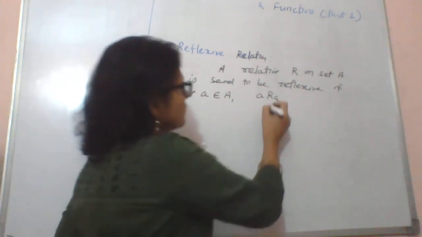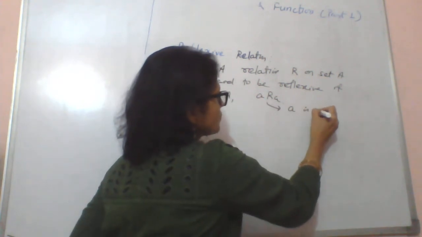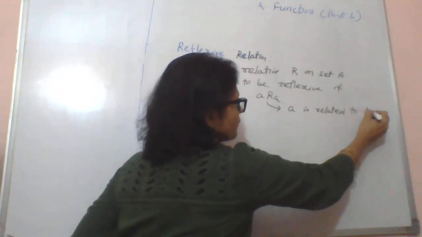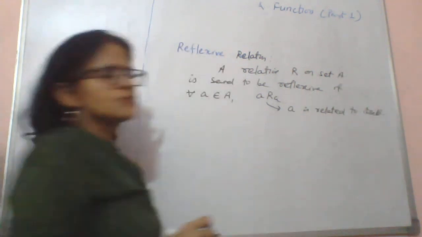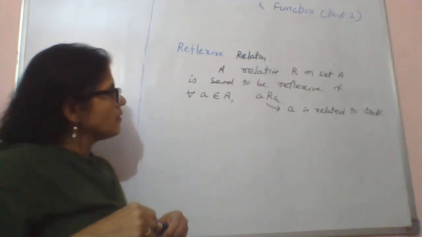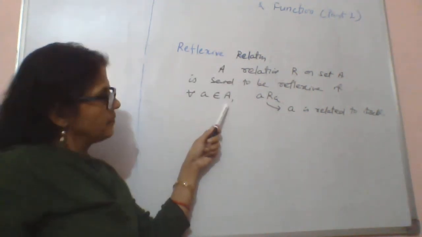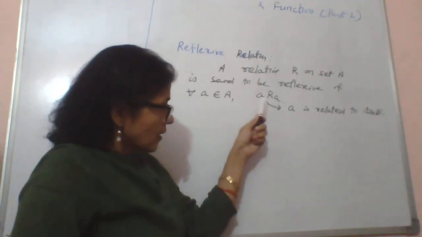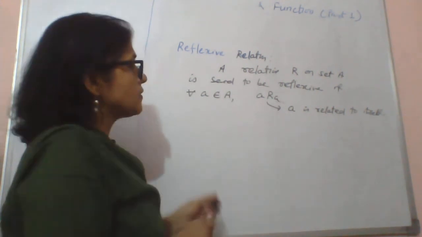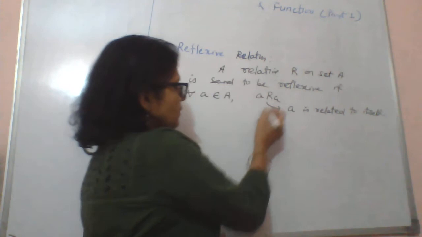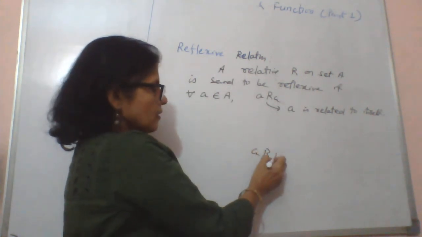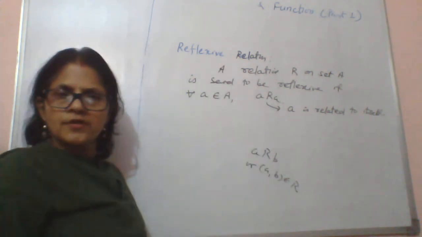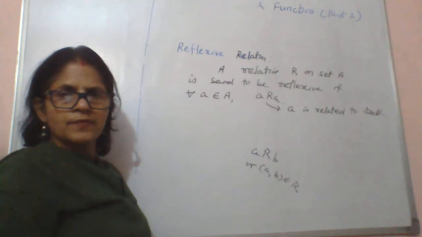It means a is related to itself. So a relation is called reflexive if for all a belongs to A, a R a, meaning a is related to itself. Here this symbol is for all. So we may write a R b, or we write (a, b) belongs to R. Out of these two notations you can follow any one, whichever is convenient to you.